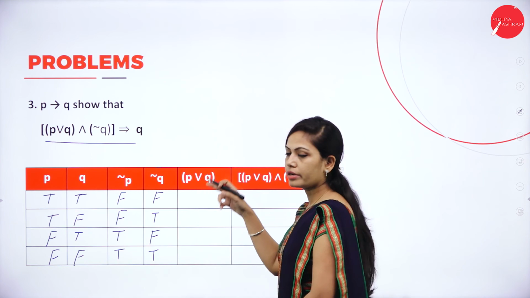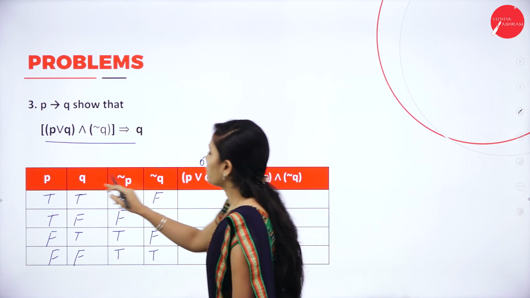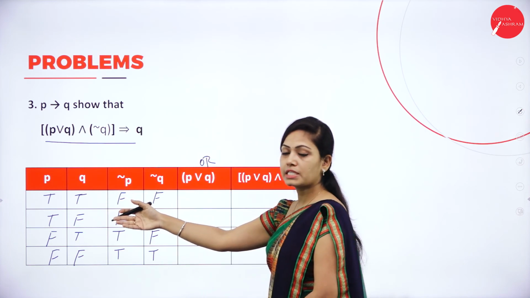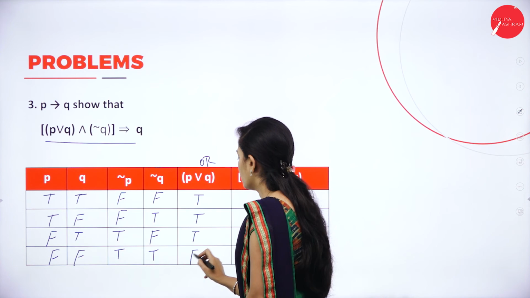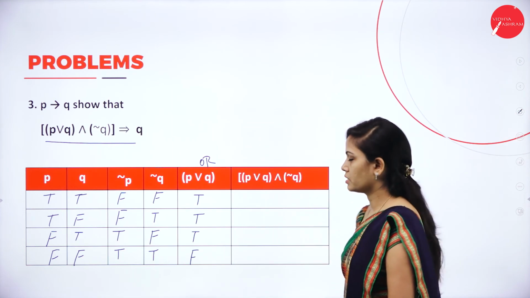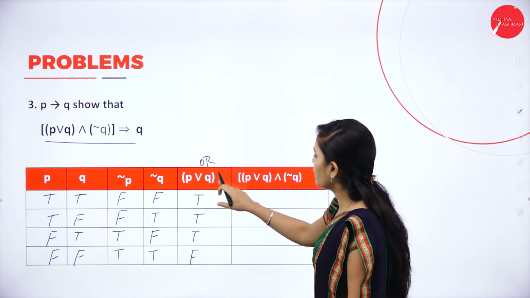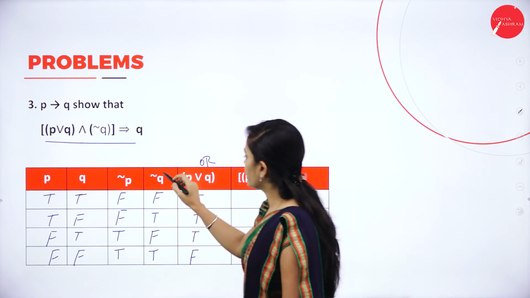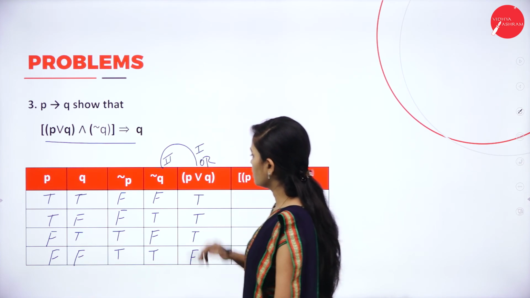And P or Q, we are using the OR operation, that is addition operation. For P or Q, if any one of the statements is true, your condition is also true. So true, true, true, false is the last statement. And finally, you can find the statement of P or Q and negation P. So first you have to use this column and the second column.